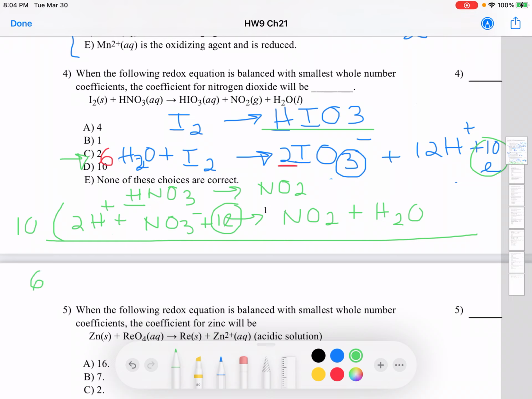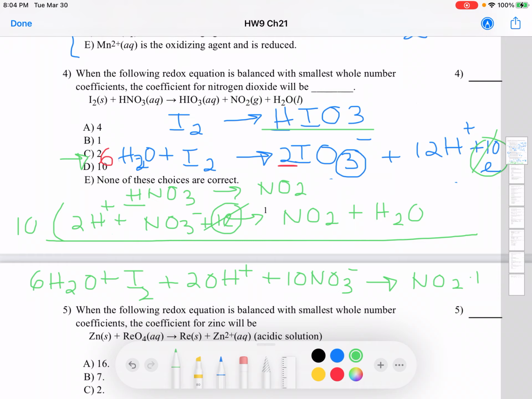So we have 6 water plus I2 plus 2 times 10, 20H plus, 10 NO3 minus, and then plus 10 electrons. That 10 electron, this 10 electron cancel.